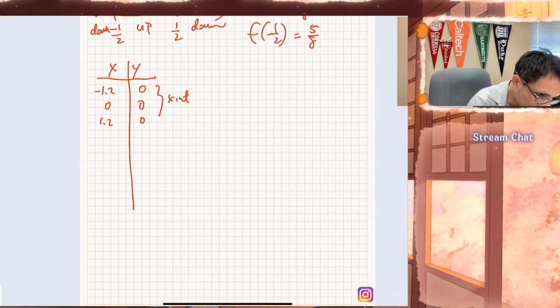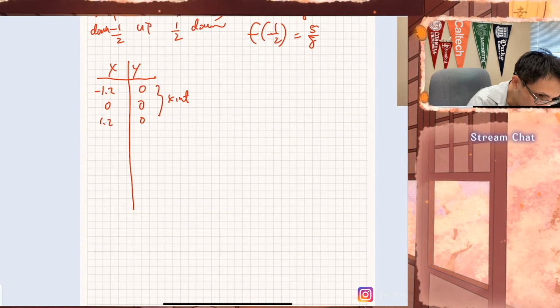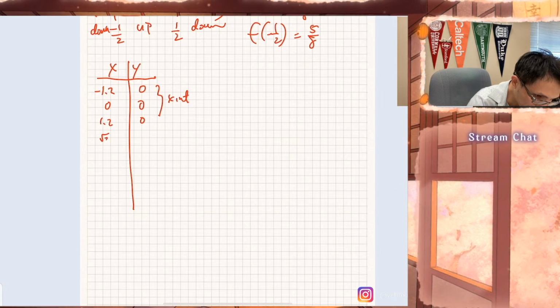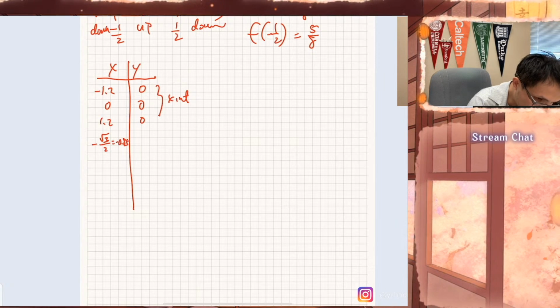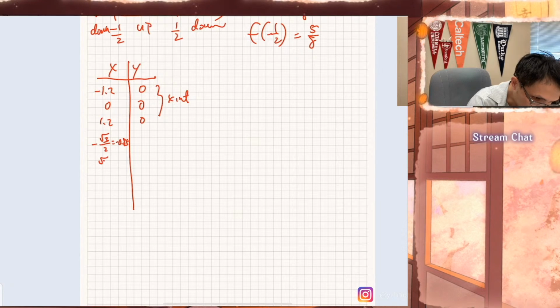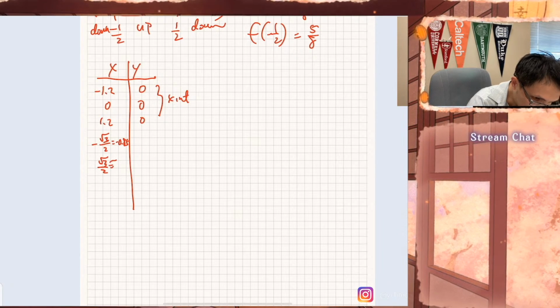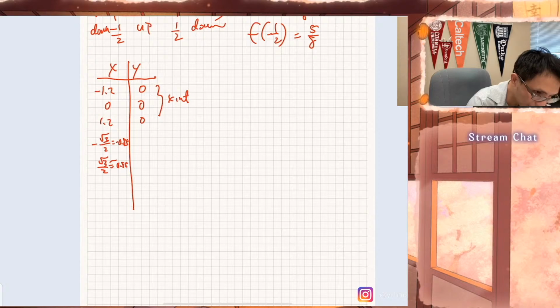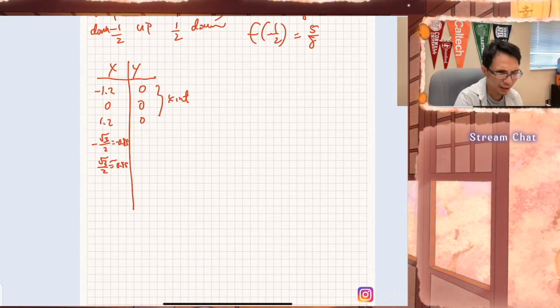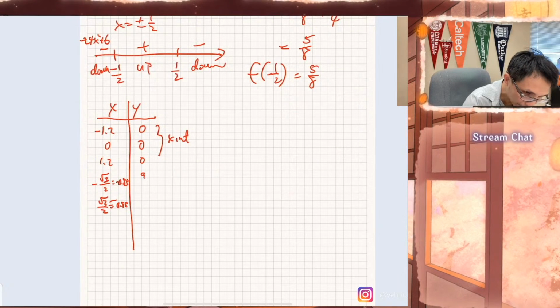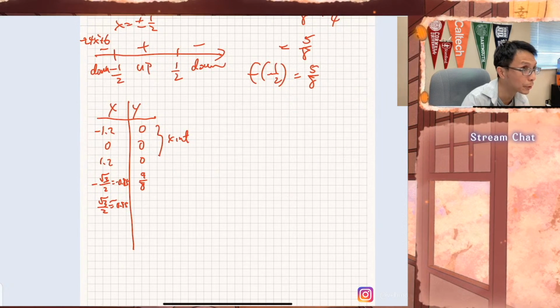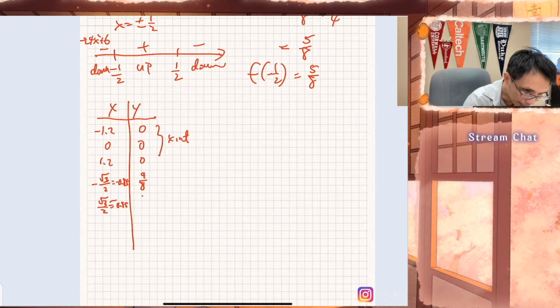At roughly negative 0.85, which is square root of 3 over 2, and square root of 3 over 2 is roughly equal to 0.85 positive, that one is going to give you, I think, 9 over 8, about 1.125.